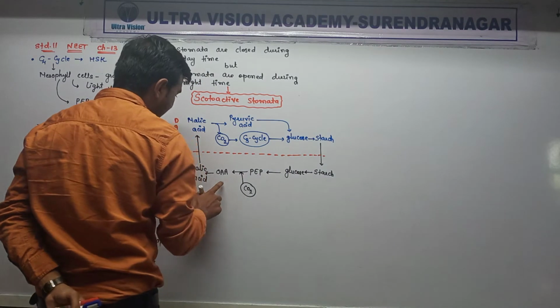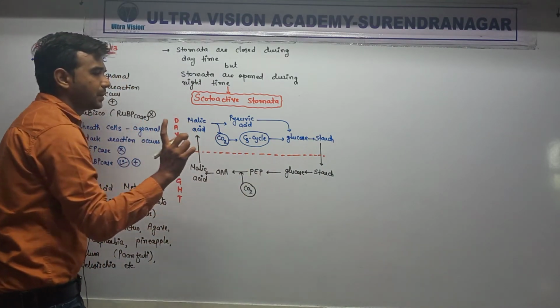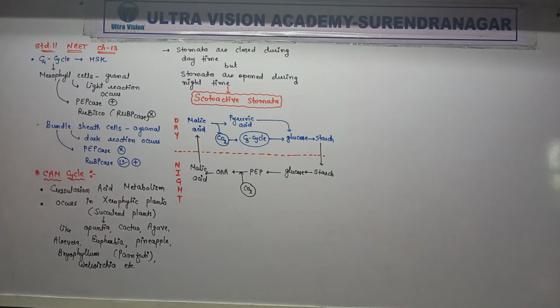Whereas in the CAM plant, CO2 acceptor is also PEP. Fine. So this is about the CAM cycle.